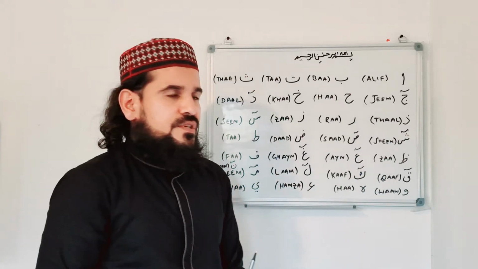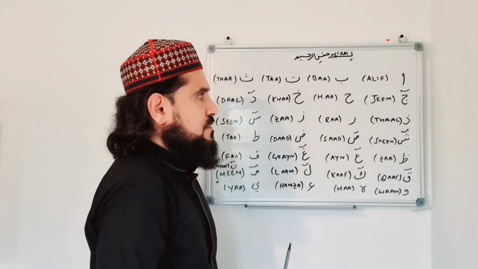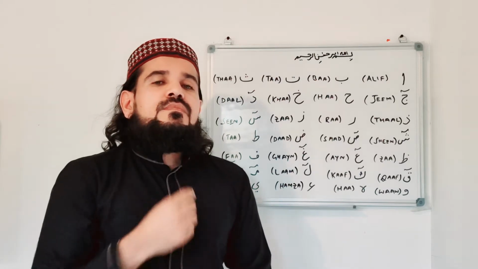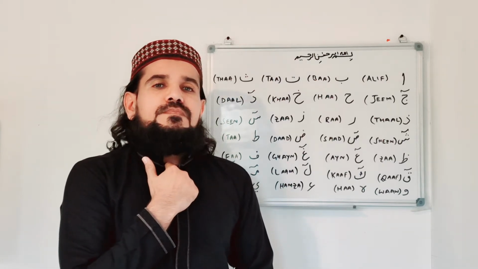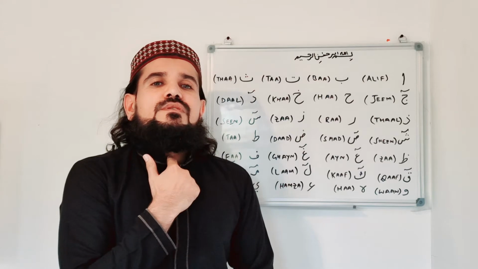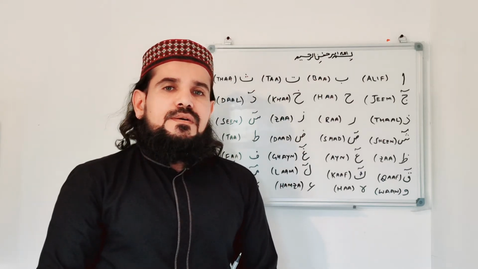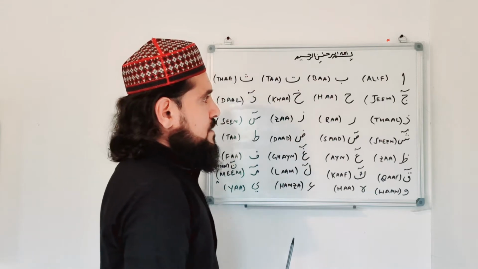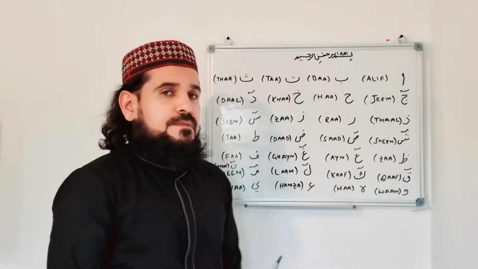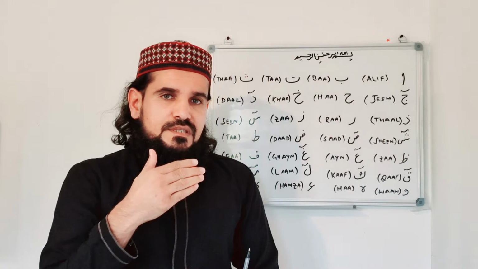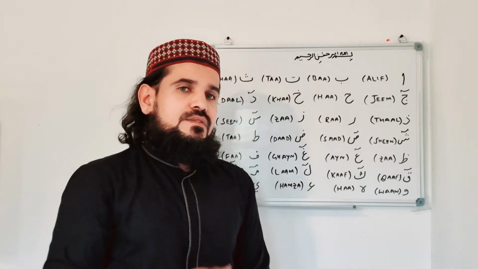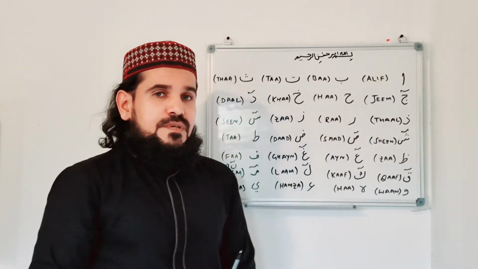The next one is Ha. So this is a bit of a tricky letter, and the makhraj of this letter is the bottom of your throat, the middle part of your throat. You have to say Ha. And to say this sound properly, if you take out some wind or air in the beginning and then say the sound, that will make the sound proper.